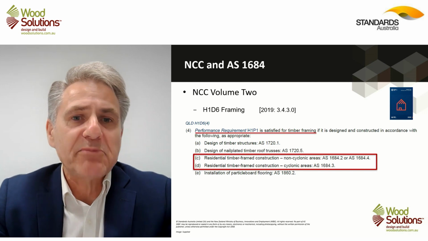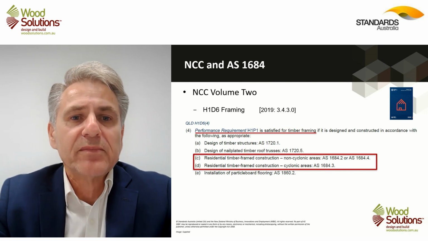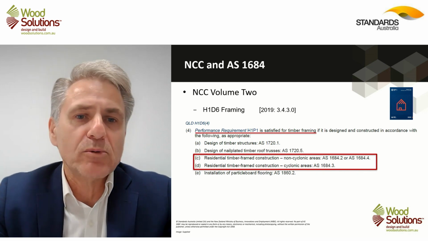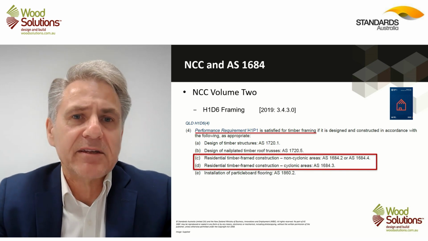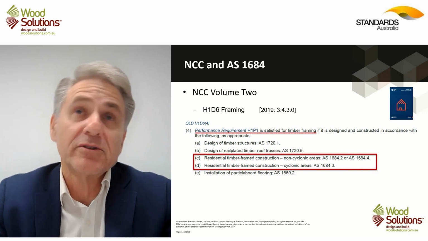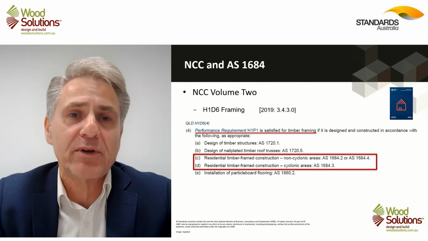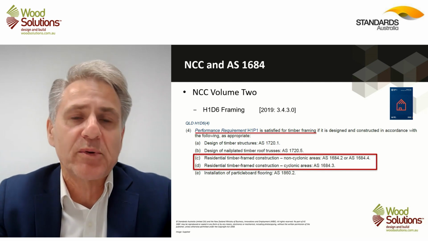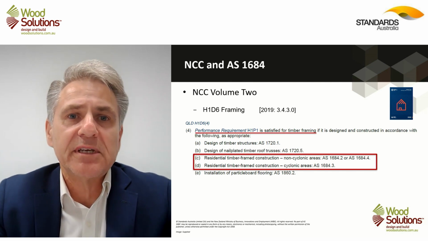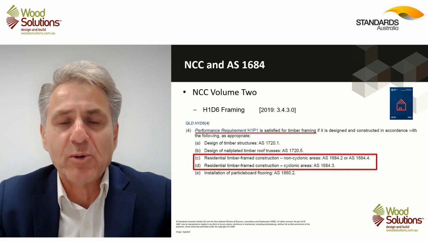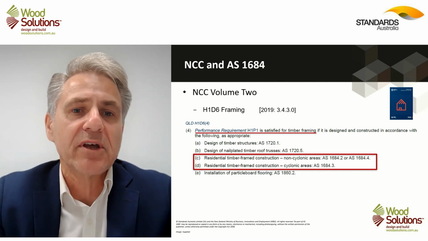The key call-up under Volume 2 is under the H1D6 framing clause. And the key requirements under the National Construction Code, the key mandatory requirements, are the performance requirements. Everything else in the NCC is basically non-mandatory. So you need to comply with the performance requirements of the National Construction Code.